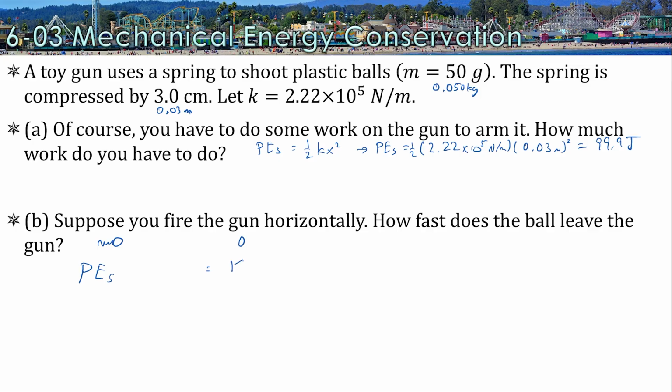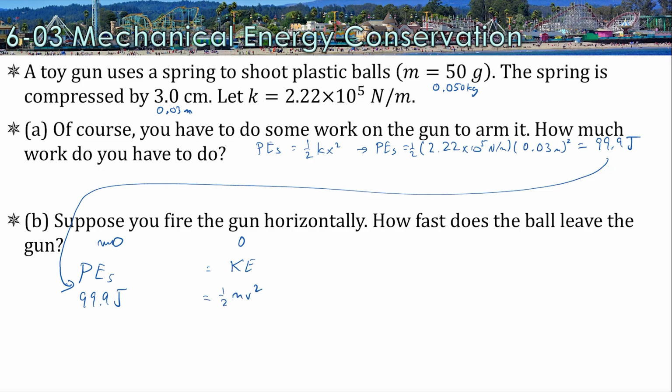At the end, we have kinetic energy, but that's it. There's no compressed spring. So at the beginning, we have this 99.9 joules that we got from part A. And at the end, we have 1/2 mv squared.